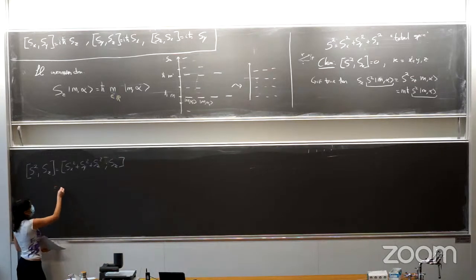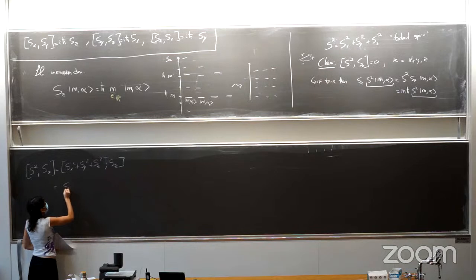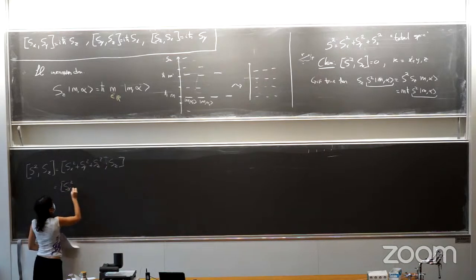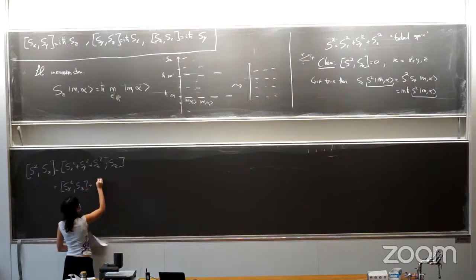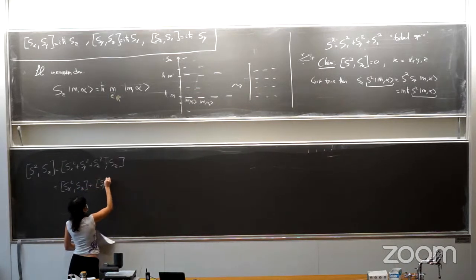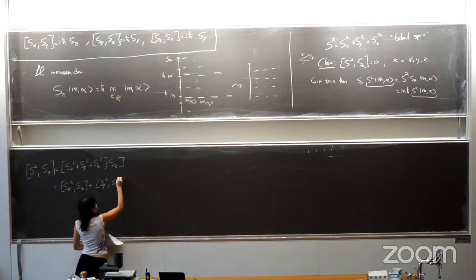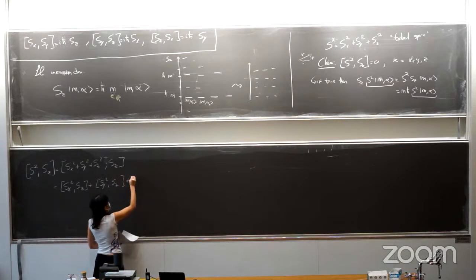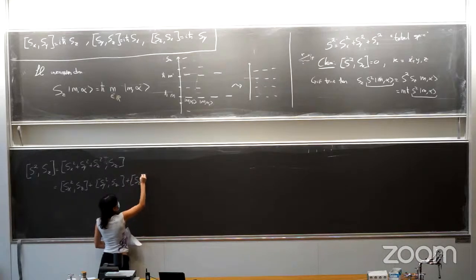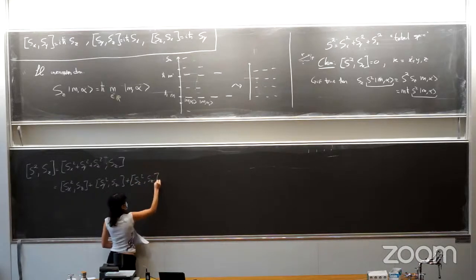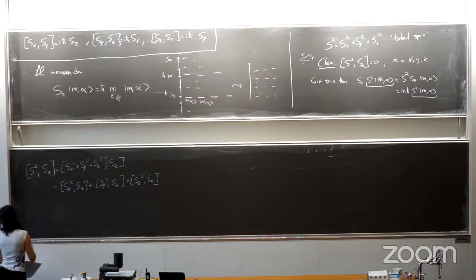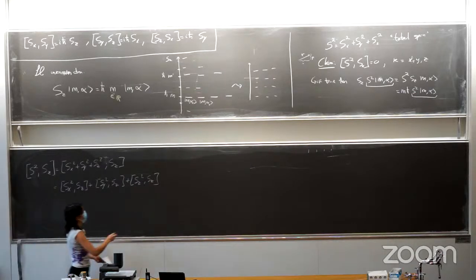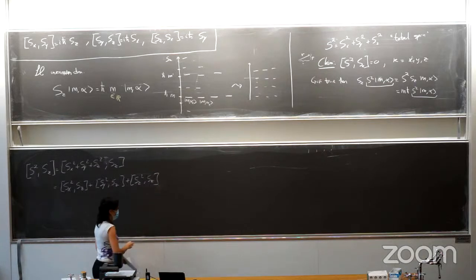So you get the commutator of Sx squared with Sz, plus the commutator of Sy squared with Sz, plus the commutator of Sz squared with Sz. Okay, this one is 0. We know this, and then in general we're going to use this formula that we proved a few weeks ago.